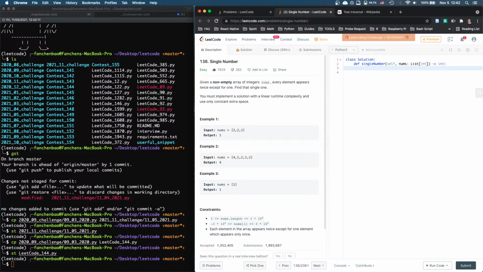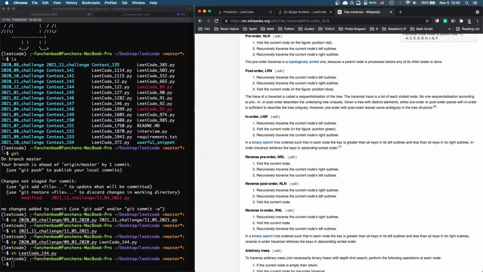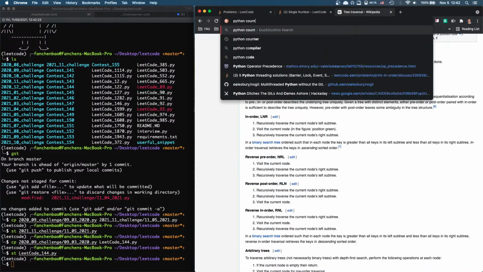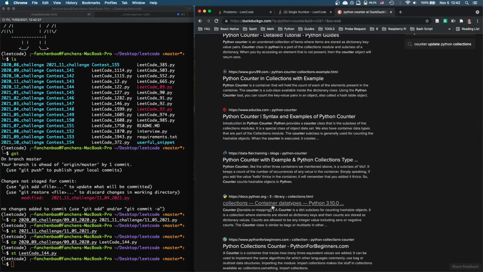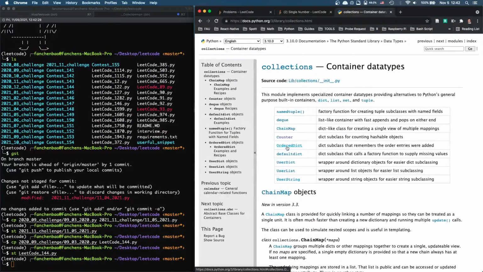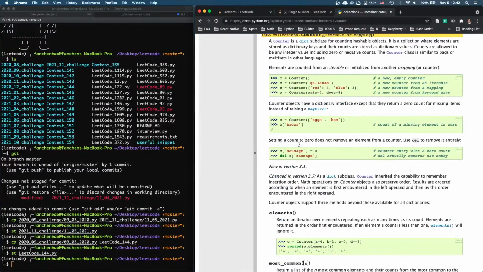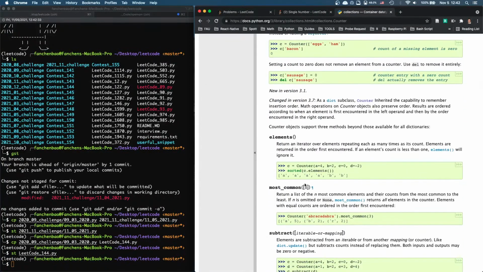I think for solving we can just call Counter on nums, and Counter has a function called, what's the function? Most common, right? The most, wait, they don't have least common?